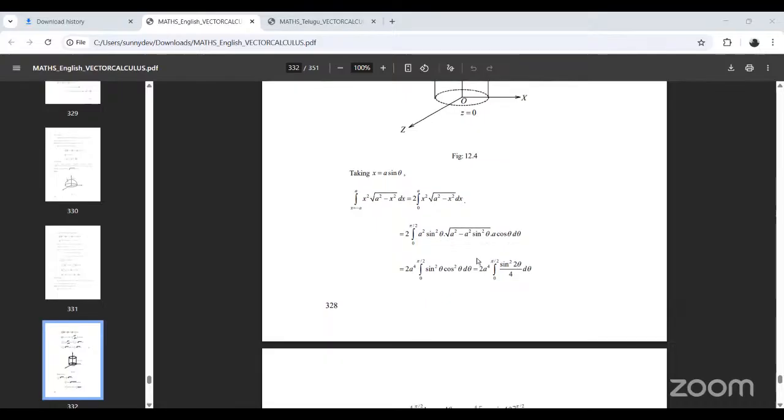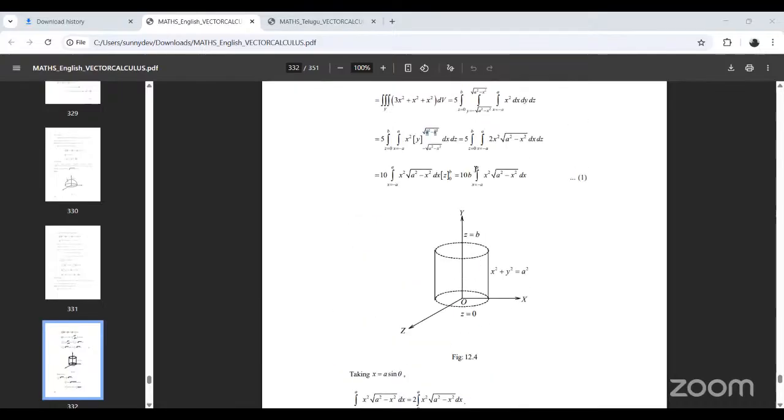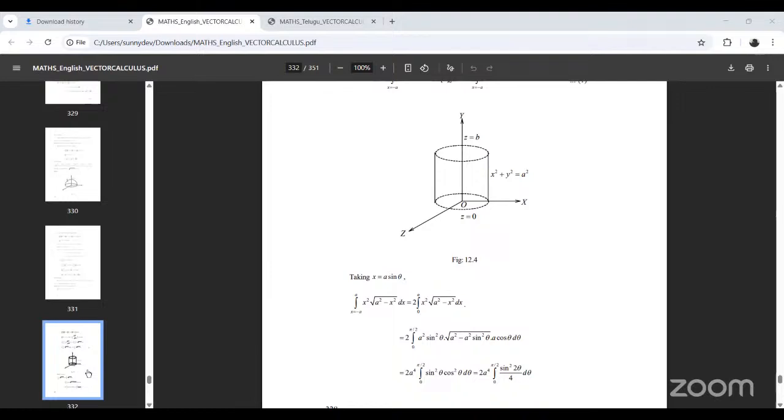Now we have to integrate this part. To do the integration, the simple method is to substitute x equal to a sin theta.